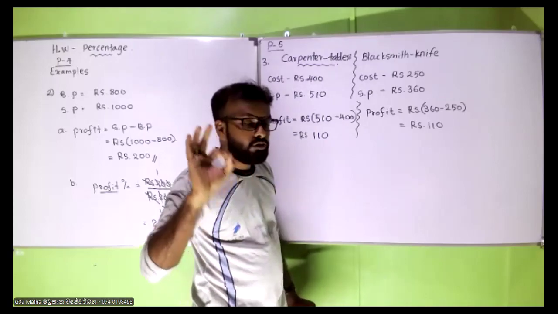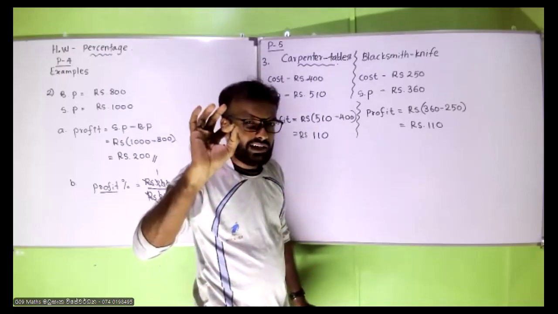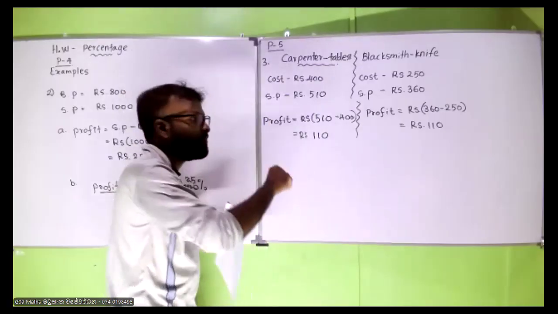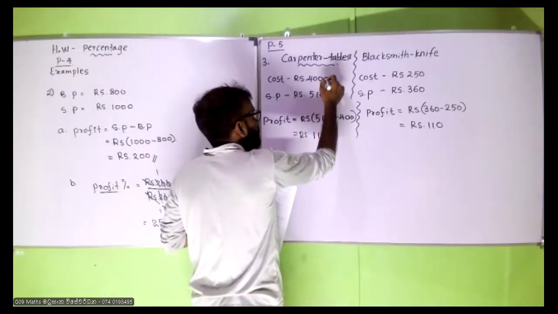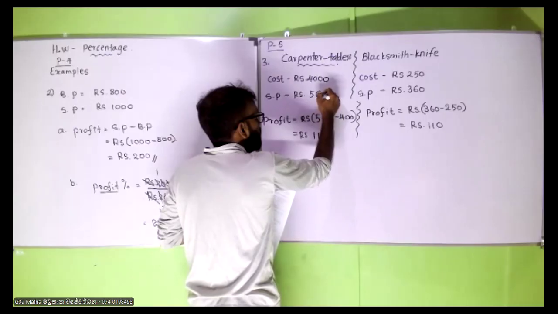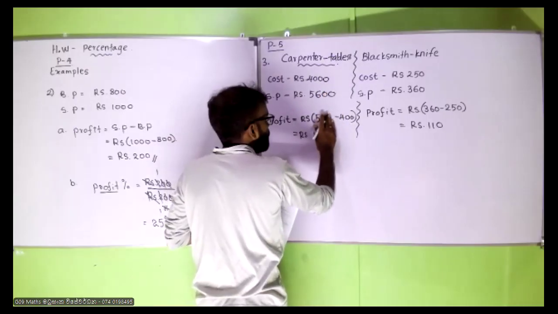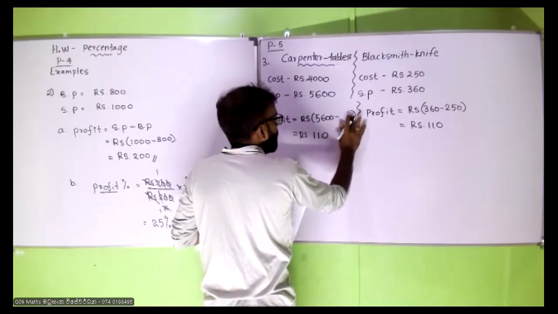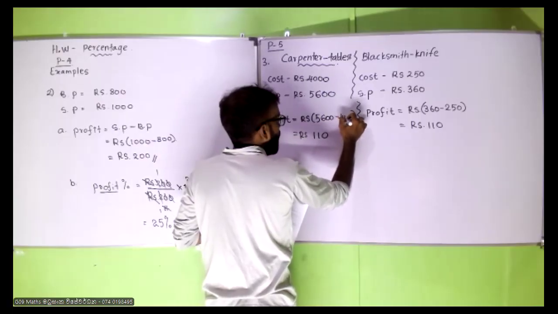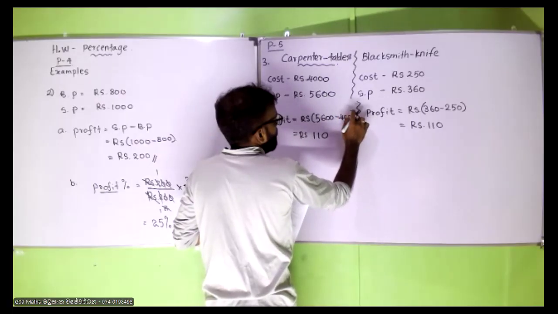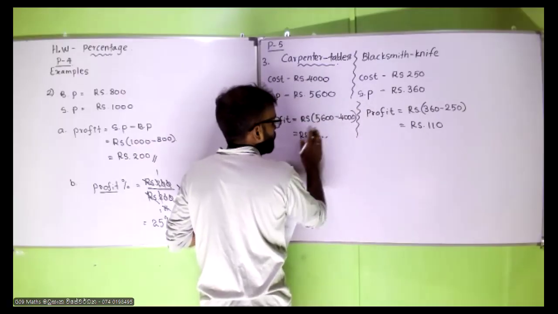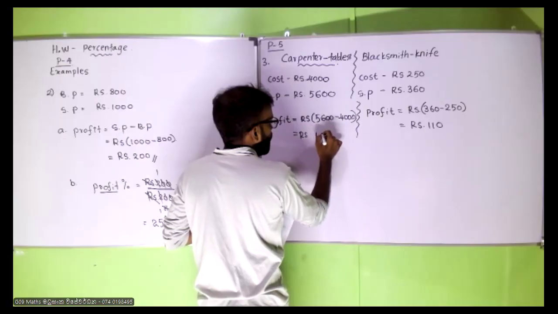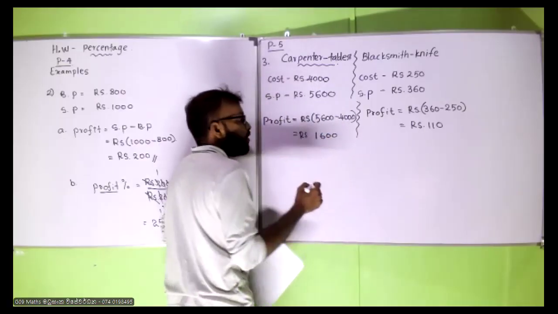I think you got it. Now look at the board. I am going to the previous question now: 4,000 rupees, 5,600 rupees, and here we have 1,600.